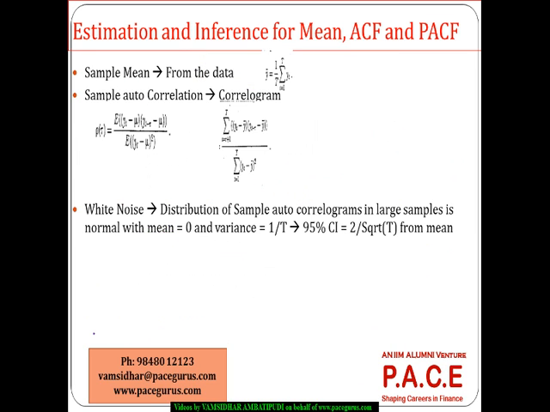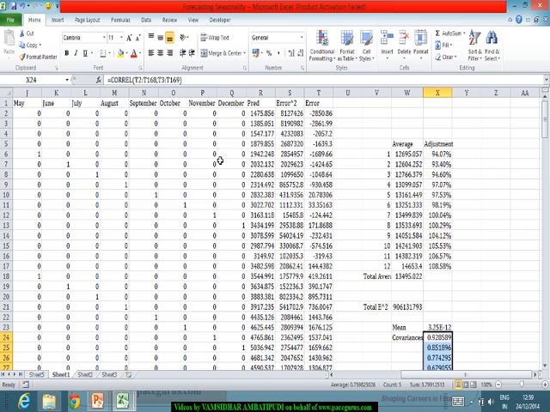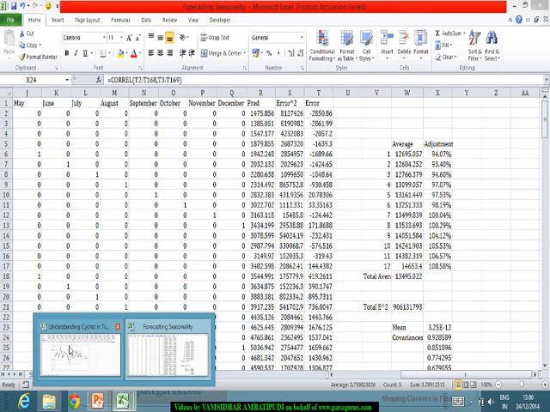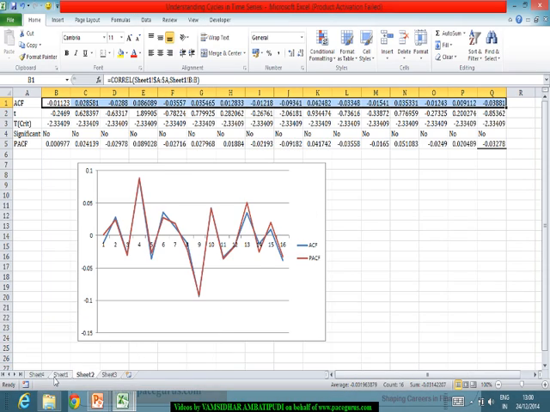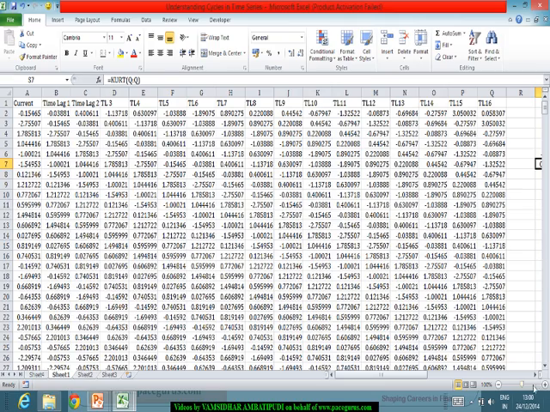Now, when I look at the sample, as we have done for the example, the sample mean, I take the mean of the data. Probably let me take this example. I have computed the sample mean here just by taking the mean of these numbers.